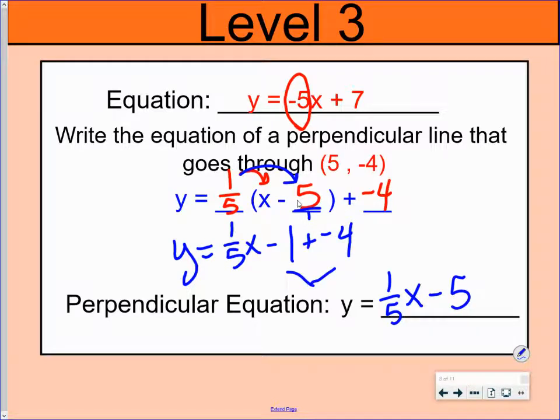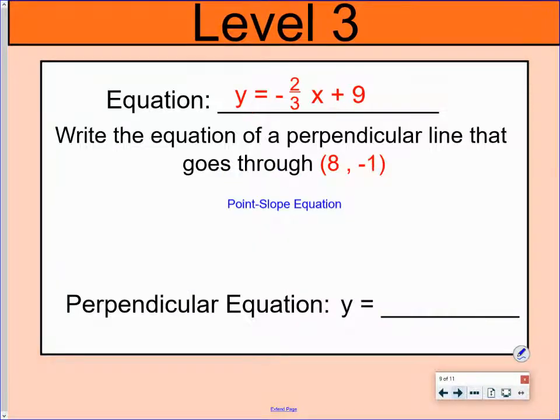All right, another example here. We have an equation, y equals negative 2/3 x plus 9. We want to write the equation of a perpendicular line that goes through 8 and negative 1. We're going to use our point slope equation. We already know the point we're going to use is 8 and negative 1. So we need to figure out the slope.